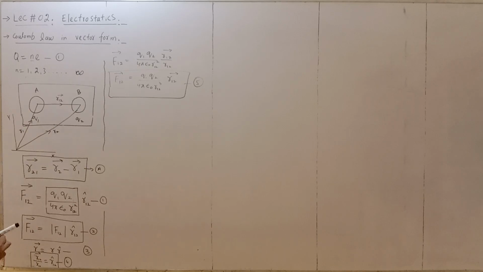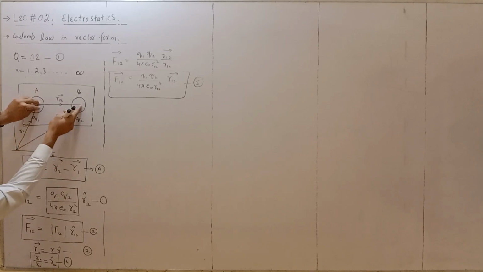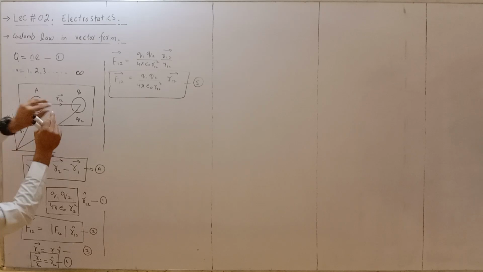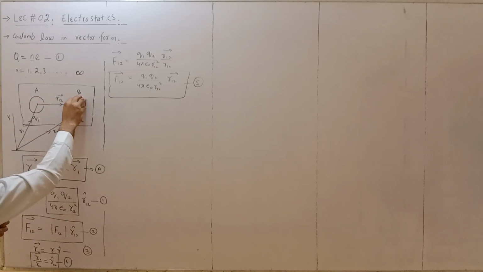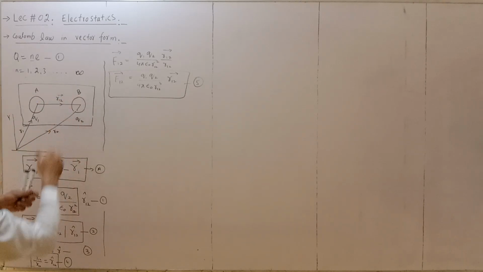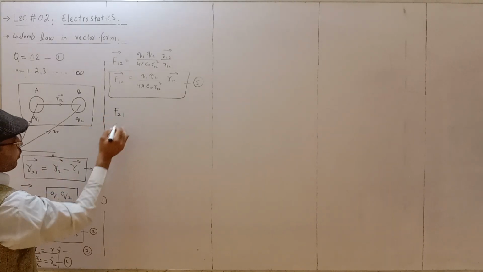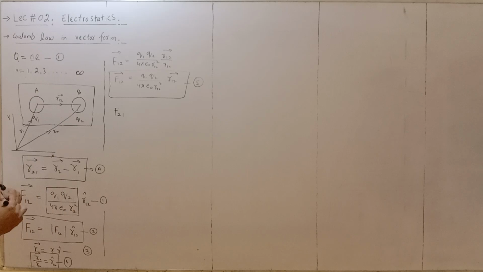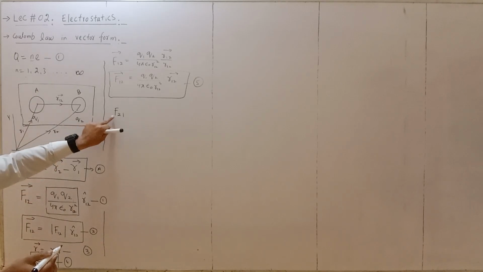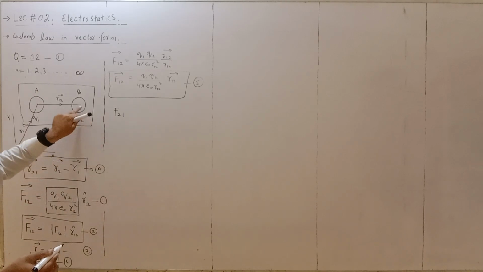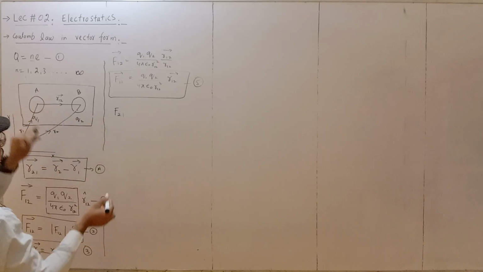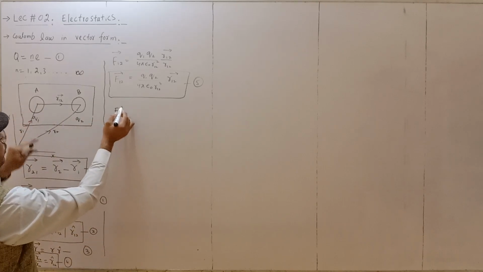Similarly, according to the third law, when a force is exerted on body 1 due to body 2, this body will also experience some force, which is equal to F21. So basically, what is F21? The force experienced by body 2 due to body 1.